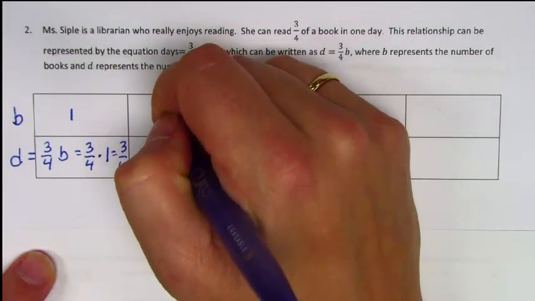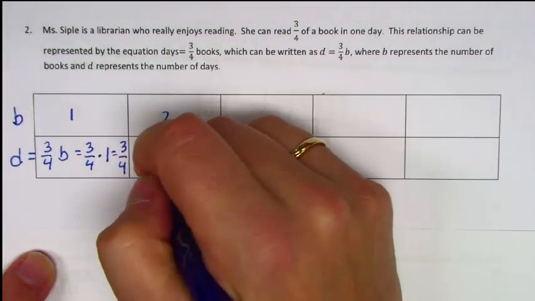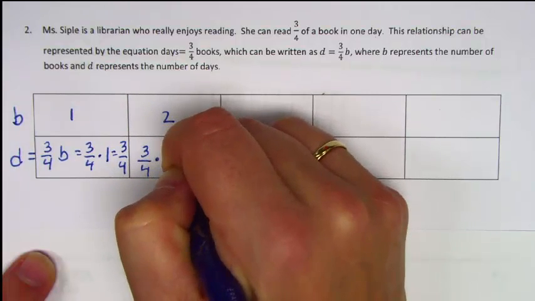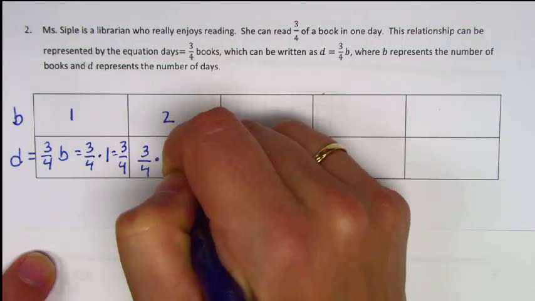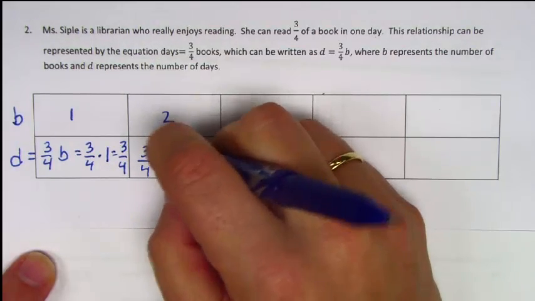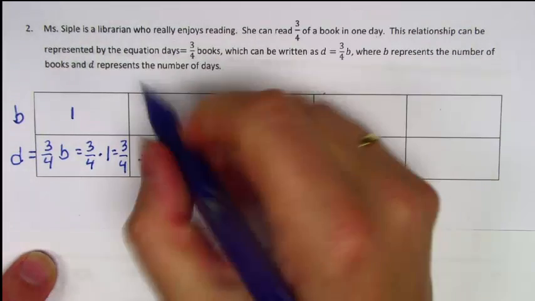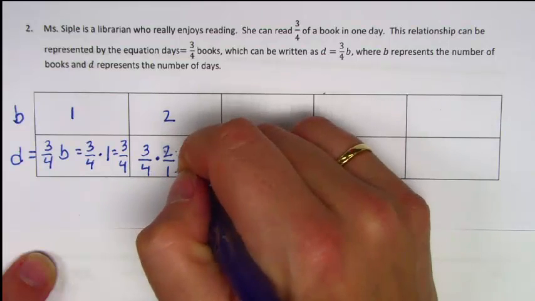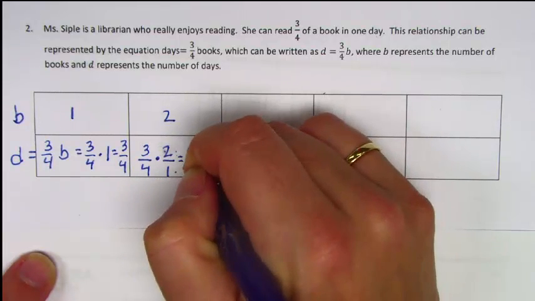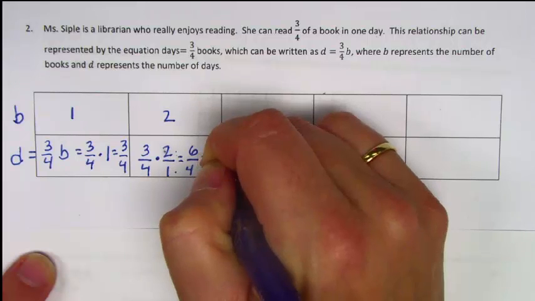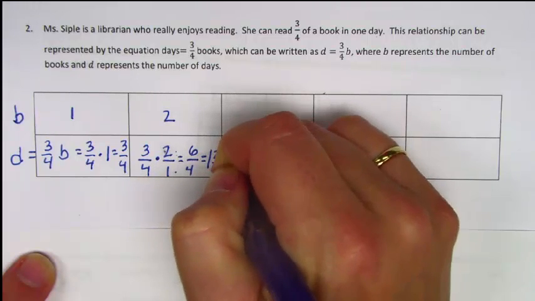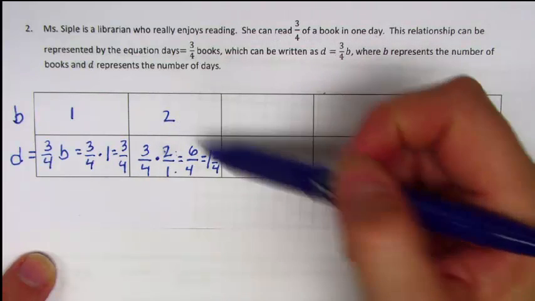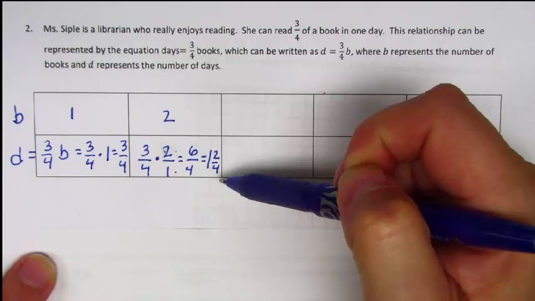So let's see if I pick 2, how easy that is. 3/4 times 2, well, we've got to make a 2 over 1 to do a whole number as a fraction, because remember, 2 wholes can be written as 2 over 1. Then I multiply straight across, 6 over 4, and if I simplify that, that's 1 2/4, which is 1 1/2. So in order to read 2 books, it's going to take her 1 1/2 days.